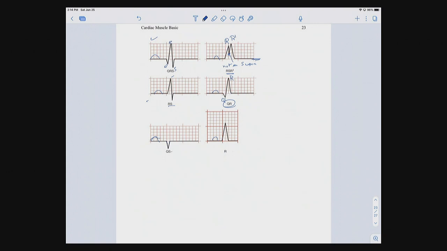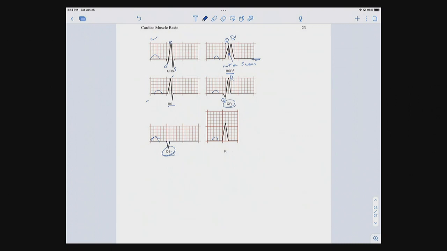So when you hear the word QS, it just simply means one single deflection downward. Seems to me you would just call it a Q wave or an S wave or something, but nobody asked me what to call it. So in the literature, you just refer to it as a QS wave, one tick down.